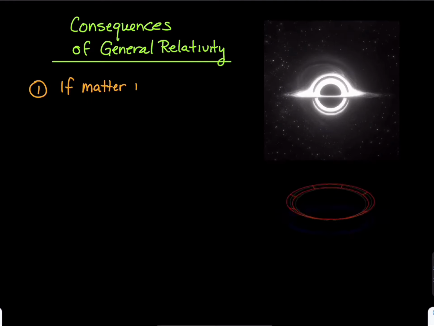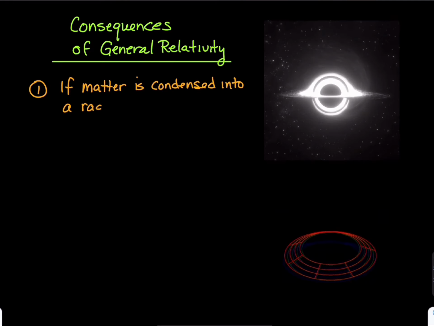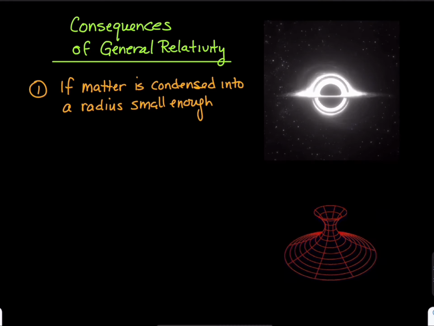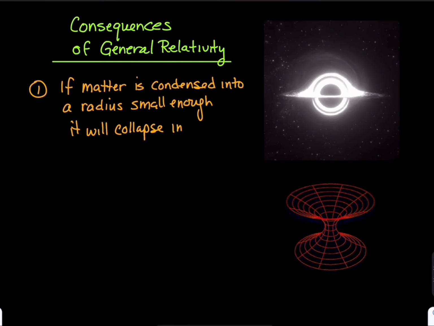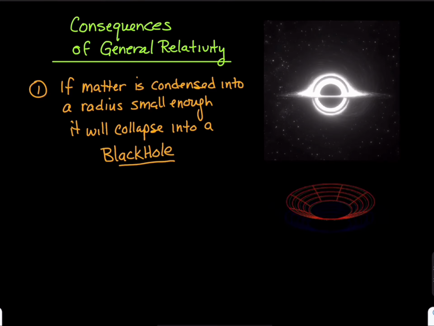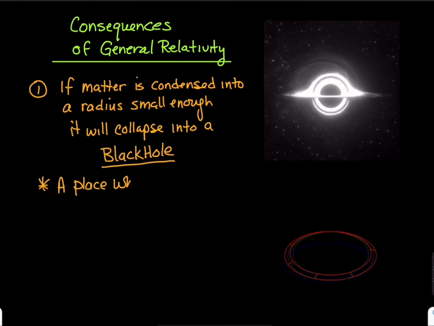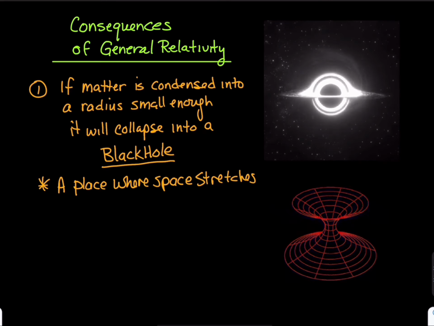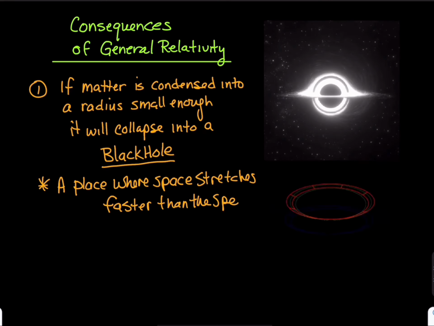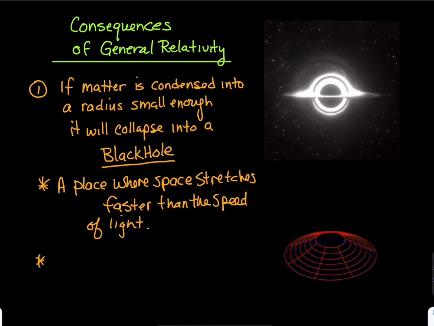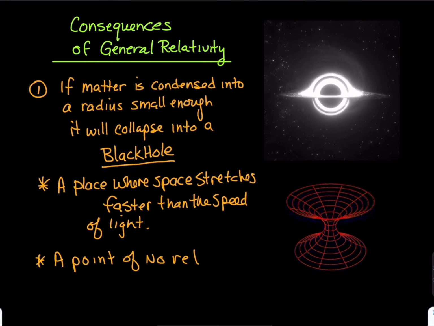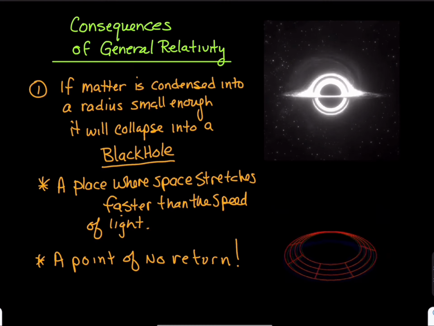General relativity predicts that if enough matter is condensed into the smallest radius, then it will collapse into something called a black hole, a place where space and time stretch so quickly, faster than the speed of light, that not even light can escape it. It's a point of no return.